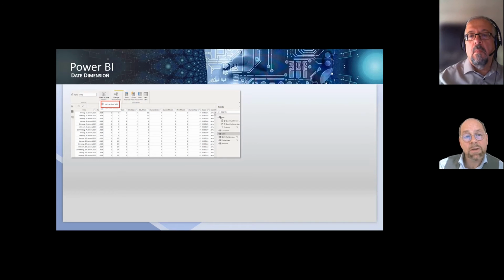The first step you have to take is to mark the date table as the date table. The system needs to know which is our calendar table, and this calendar table has to have no gaps in the dates that are built up in this table.